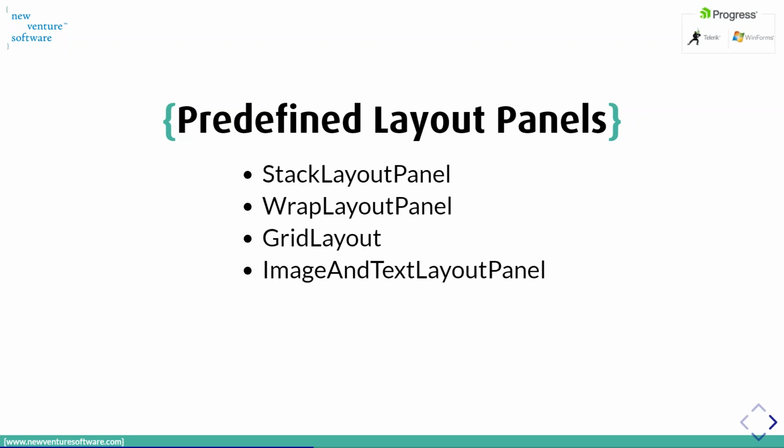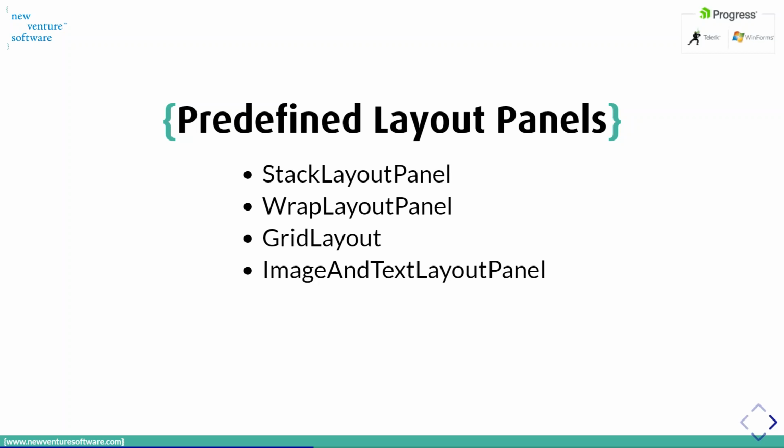And we already saw the image and text layout panel, which can be deceptively simple. It's only used to arrange an image primitive and a text primitive. But when you take into account that the image can resize and the text can resize when the user types more text, then it handles all of that.